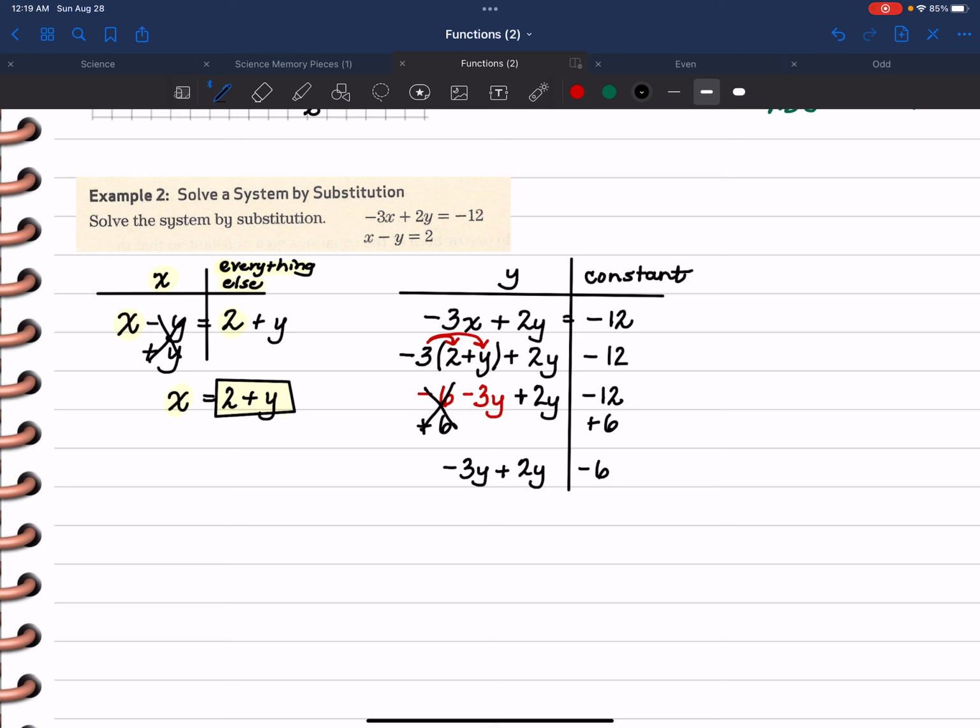And then go ahead and combine those y's to get negative 1y equals negative 6. Divide by negative 1. So y is positive 6. That is the solution to the system of equations. y is positive 6. And again, that's called the solution to the system.